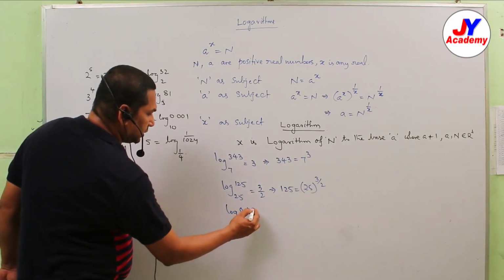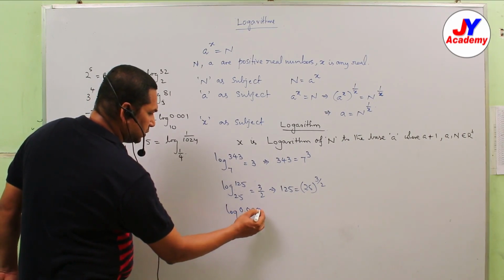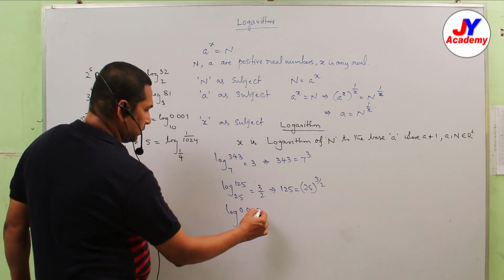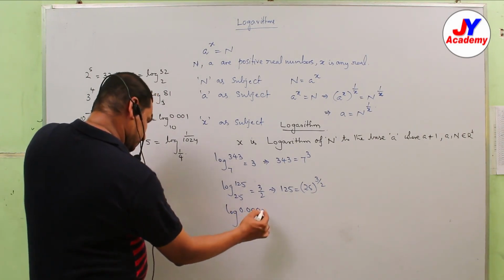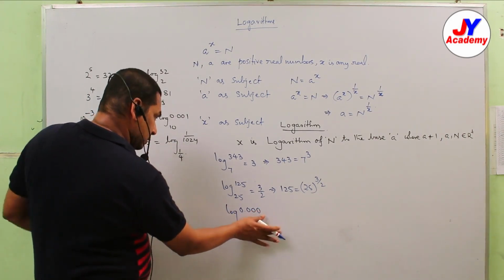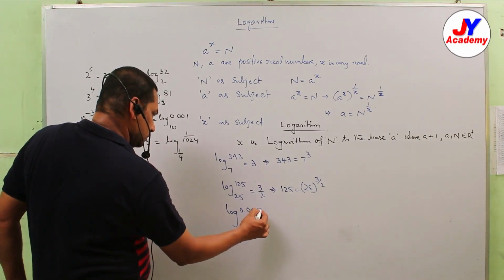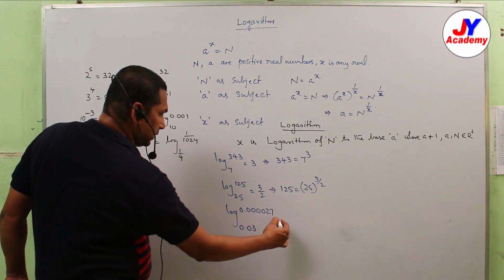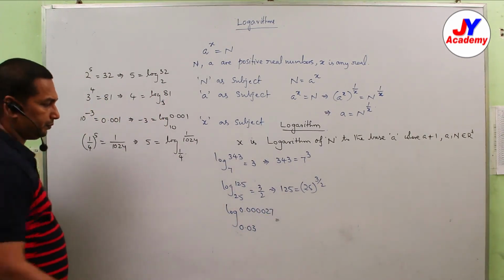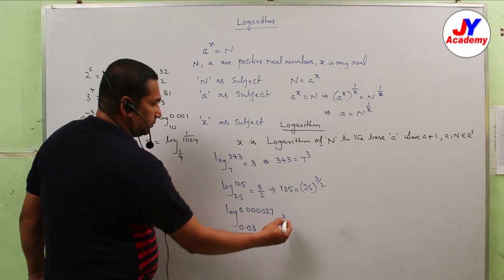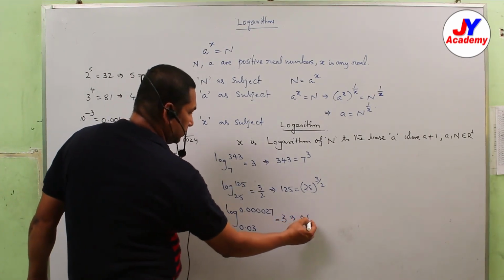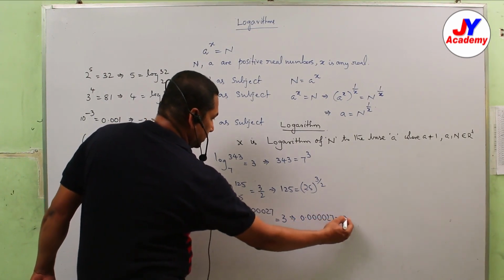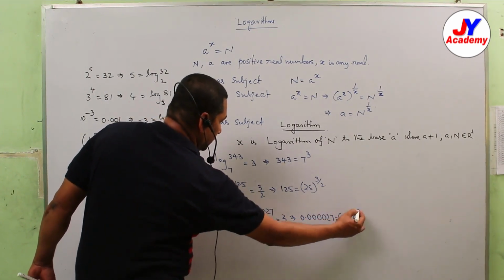Log 0.000027 base 0.03 is equal to 3. Then what is its exponential form? 0.000027 is equal to 0.03 whole power 3.